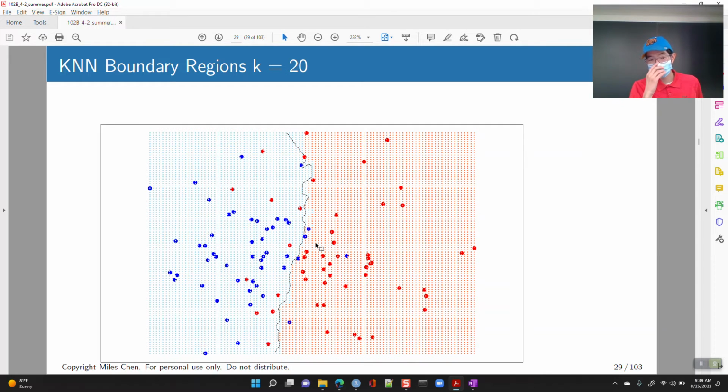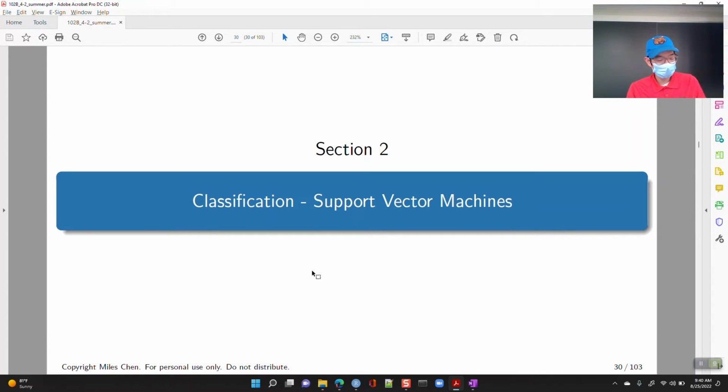And here it is with k equal to 20. I should have picked 21. And we get some kind of straighter line border here. I guess that's all I have to say about k nearest neighbors.